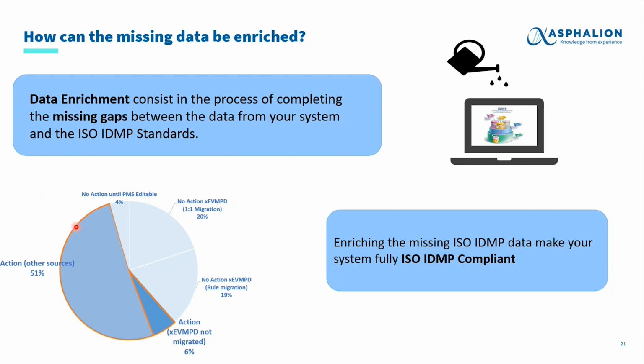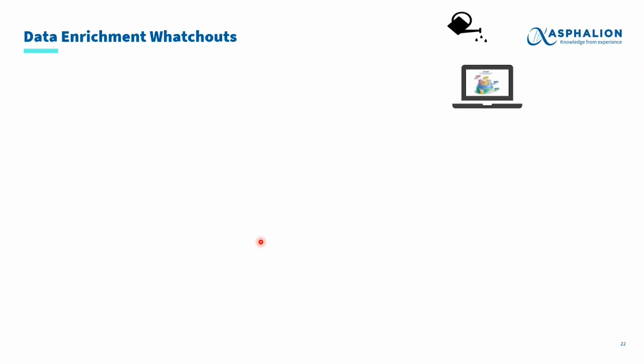At the end, when we collect all this data, we will have a system that is fully ISO IDMP compliant, so we will have all the cheese here. It's fantastic. So let's see how we can enrich the data, and I will give you some tips, tricks, and watchouts when planning for a project like this.